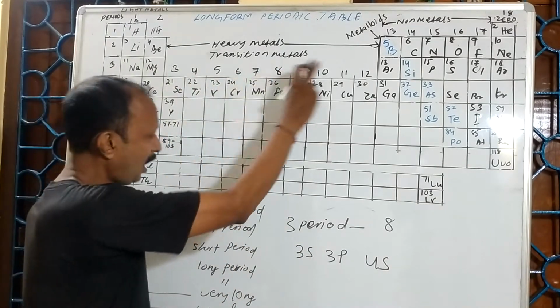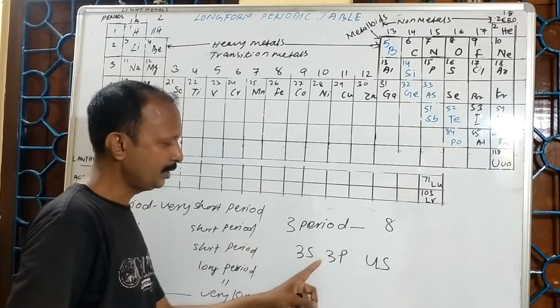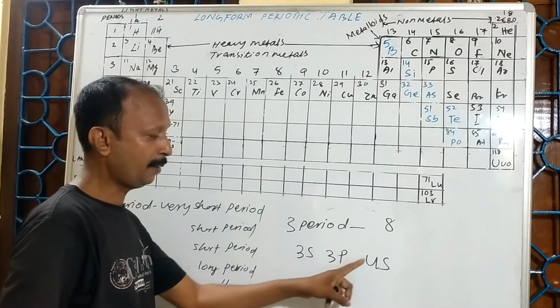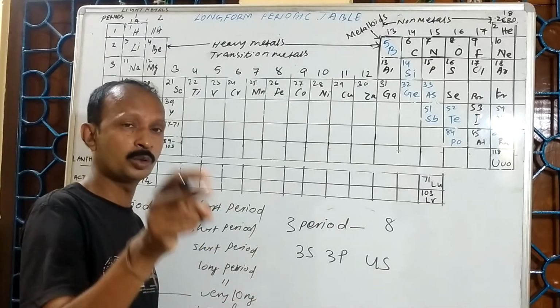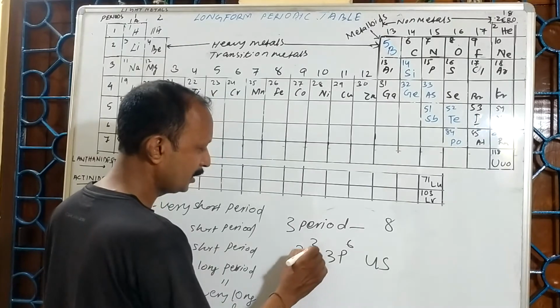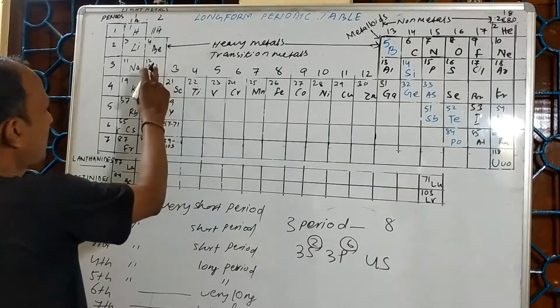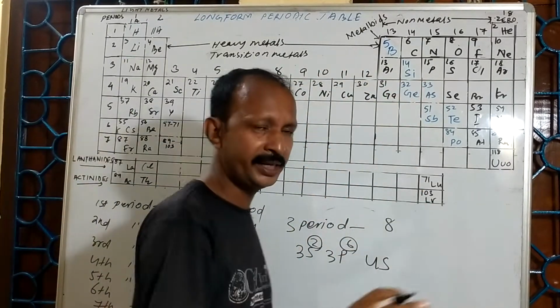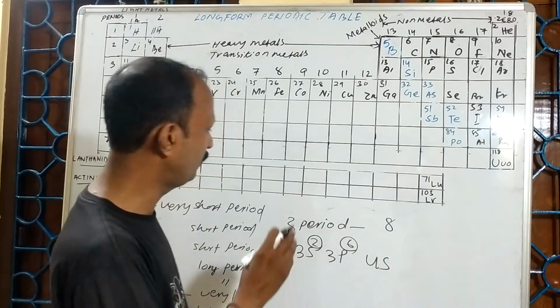So in the third period the subcells 3s, 3p will be filled. After that 4s, which is a matter of the fourth cell, will go to the next period. So 3s 2 and 3p 6, that means 2 plus 6, 8. That's why the third period also contains 8 elements. Let us go to the fourth period.